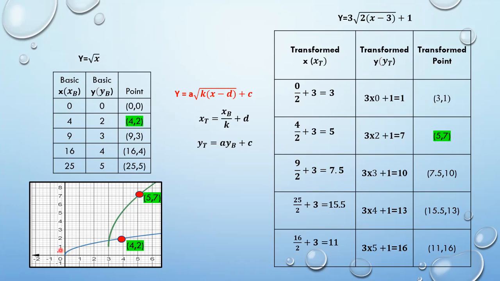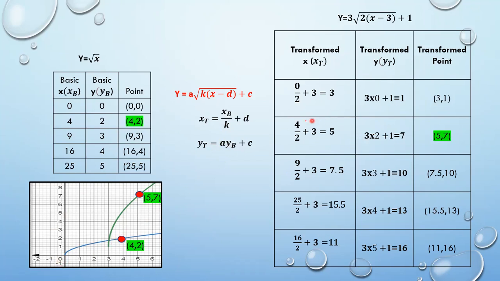It means your x coordinate goes to negative side here. It means not like this, it will be like this, reflection on y-axis. K is for reflection on y-axis. When k negative, reflection on y-axis. When a negative, reflection on x-axis.